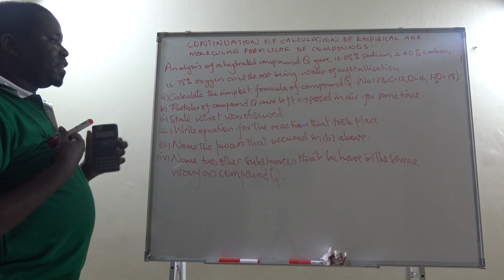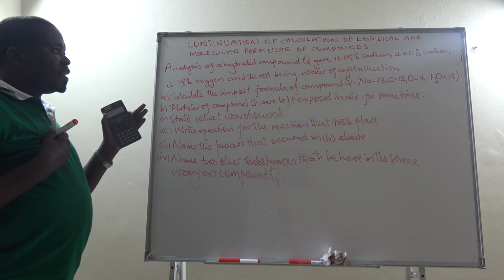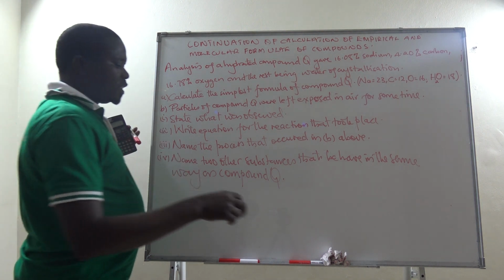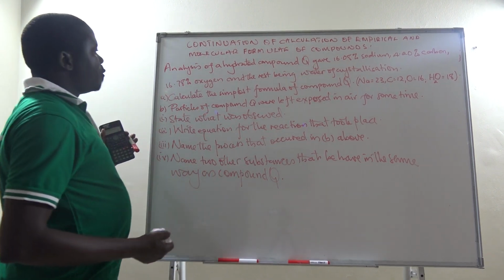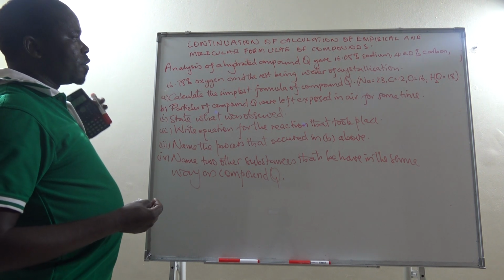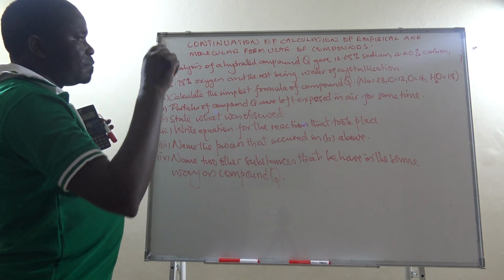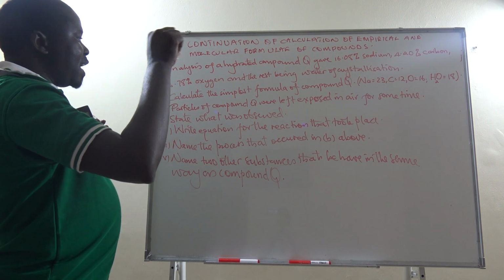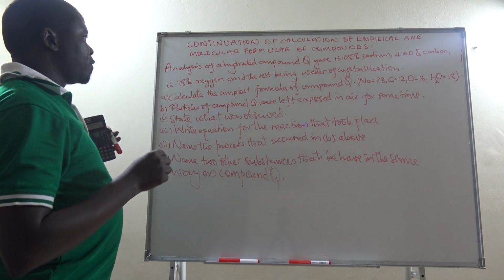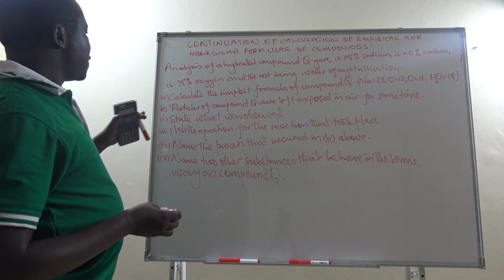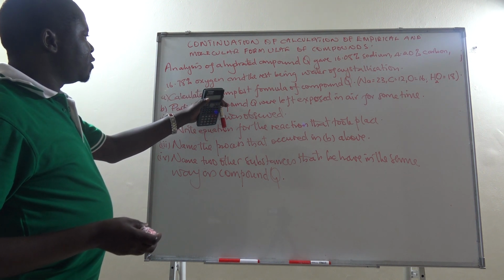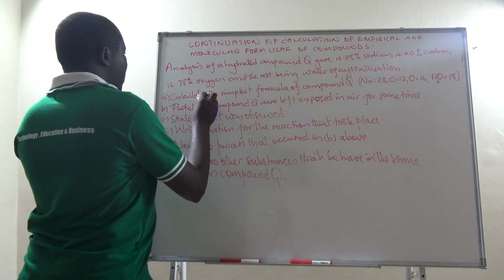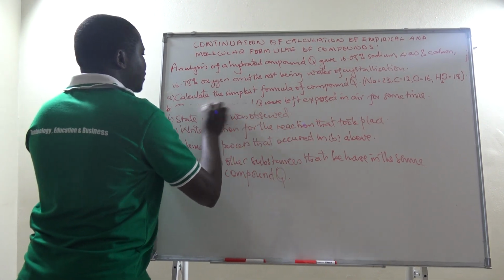If you can see, it is rather bulky, and there is something small that I want us to look at here, which we have not yet looked at. So we have been given a hydrated compound Q, and then we have been given the percentage composition by mass of the different elements in it, including water of crystallization. So firstly, they want us to calculate the simplest formula of the compound. Let us use this part here down.